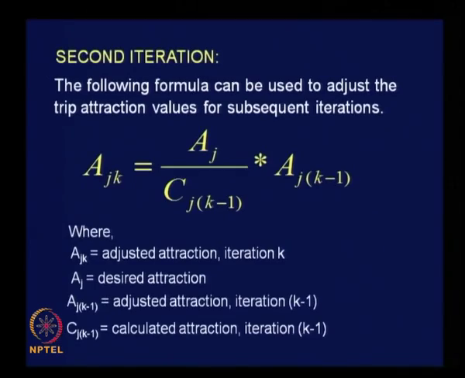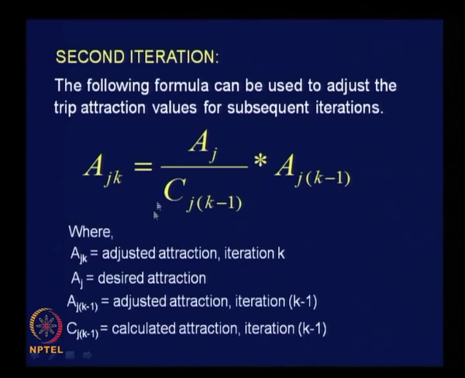Aj is the desired value which was obtained originally as trip attraction values for your traffic zones. Let us say your calculated value is small compared to the desired value Aj, then you may have to increase the trip attraction value by some means. That is what we do.